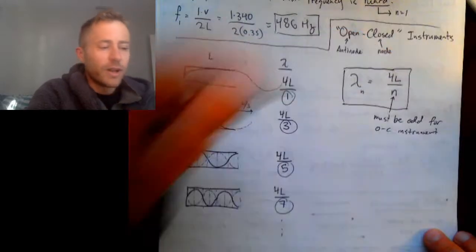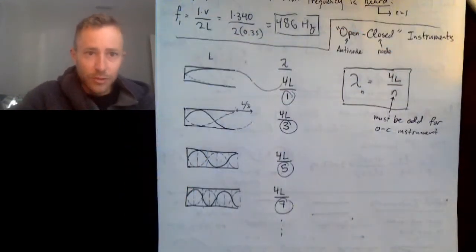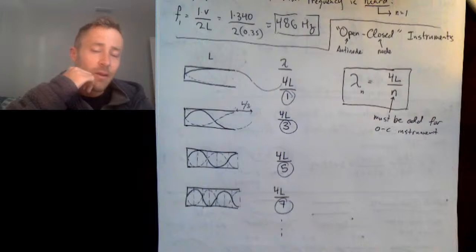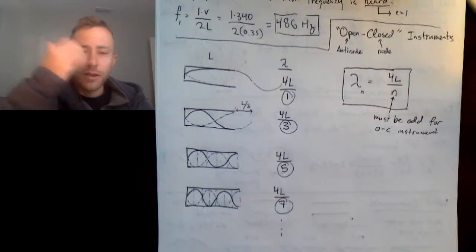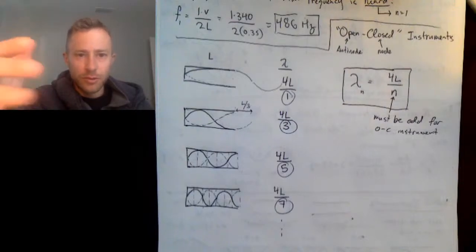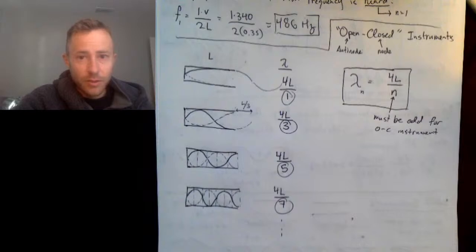If I asked you what is the frequency of the second harmonic of this open-closed instrument, you would say the second harmonic doesn't exist because 2 is an even number.